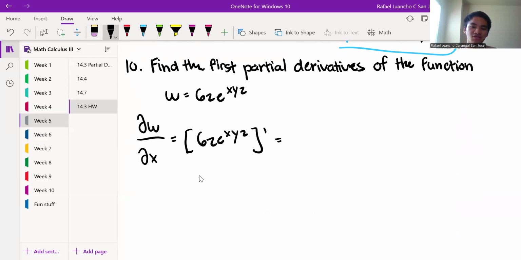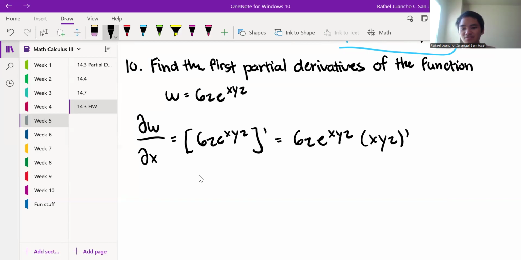And what do I see? 6z is a number, so I leave it be. e to this, take the derivative of that. Well, we get the same thing. And then I do my chain rule on this xyz. Here I see that, oh, y and z are numbers, so I leave it be.